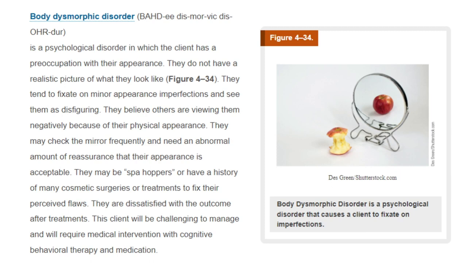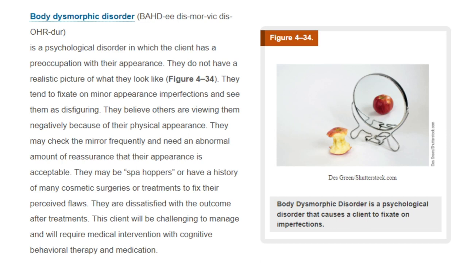Body dysmorphic disorder is a psychological disorder in which the client has a preoccupation with their appearance. They do not have a realistic picture of what they look like, figure 4:34. They tend to fixate on minor appearance imperfections and see them as disfiguring. They believe others are viewing them negatively because of their physical appearance.